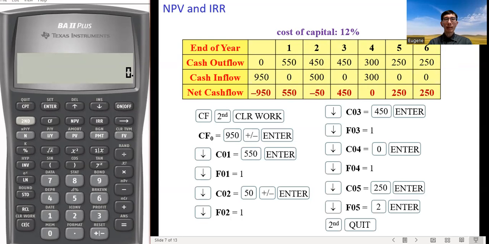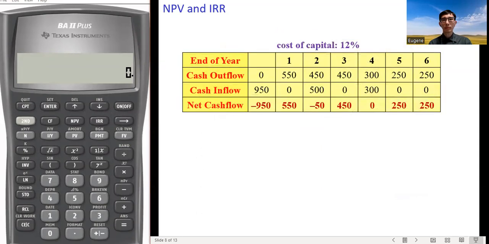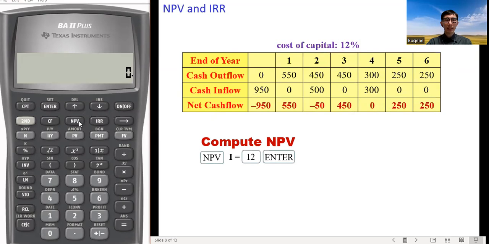Next, we can get the NPV and the IRR. So to compute the NPV, press the NPV button, enter the cost of capital 12% as the variable I, 12, and then enter. And then press the down arrow key to get the NPV variable.